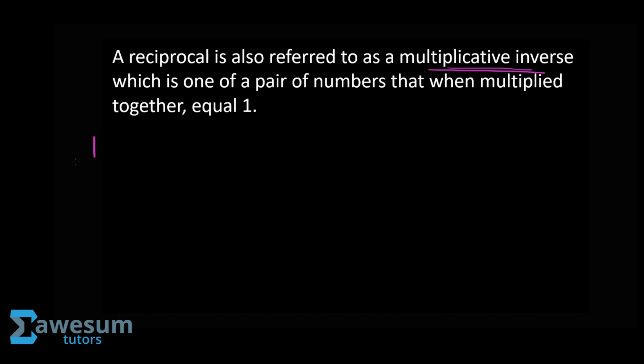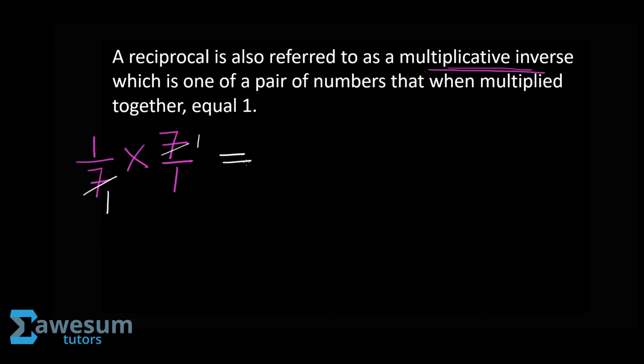Let us look at what we are talking about right here. I have a number right here which is 1 over 7. If I multiply this by its reciprocal, we just learned reciprocals, right? So what is the reciprocal of 1 over 7? That is 7 over 1. If you multiply this together, you realize this gives you 1, because 7 can go here is 1 and 7 can go here is 1.